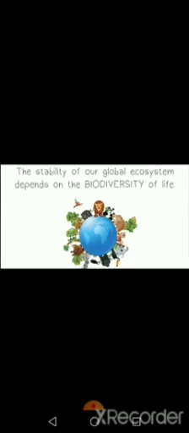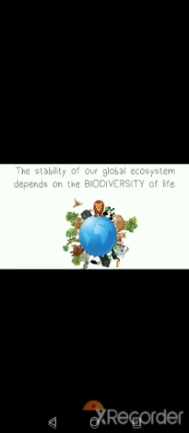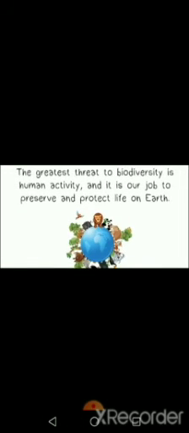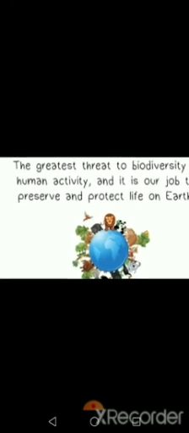So all these are the factors due to which many species of living things become extinct. Okay, so the greatest threat to biodiversity is human activity, and it is our job to preserve and protect life on earth.